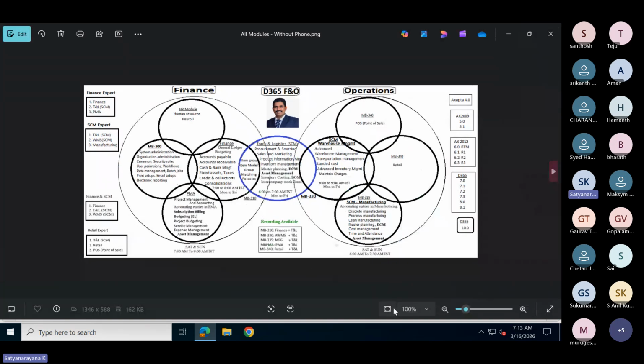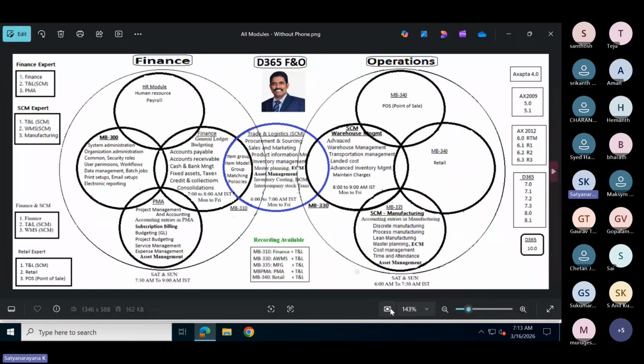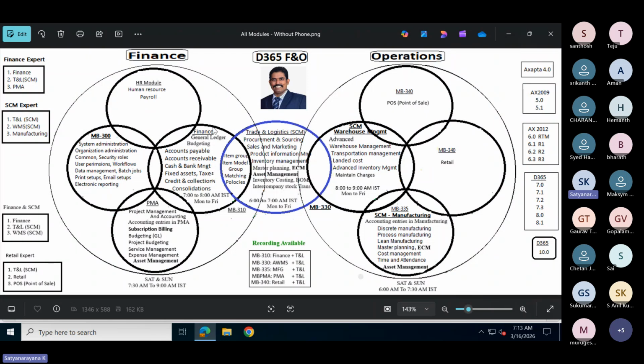So in this session, as I told you, you are going to learn the finance module. In the finance module, there will be accounts payable, accounts receivable, cash and bank, fixed assets, taxes, credit and collections, consolidations, general ledger, budgeting. All these modules will be covered.